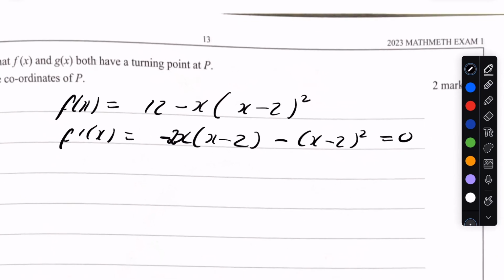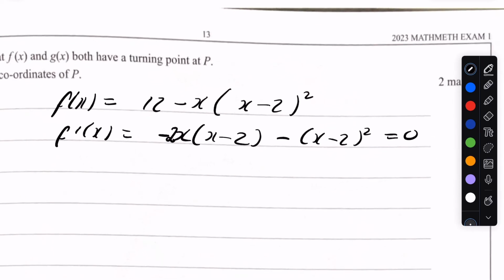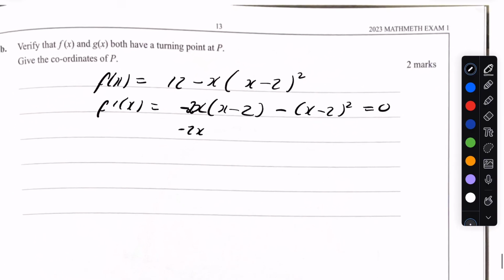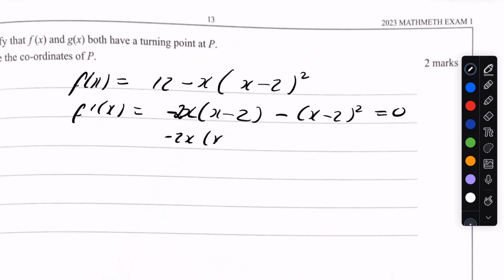If you solve that equal to 0, you're going to get negative 2x times (x minus 2) is equal to (x minus 2) all squared.